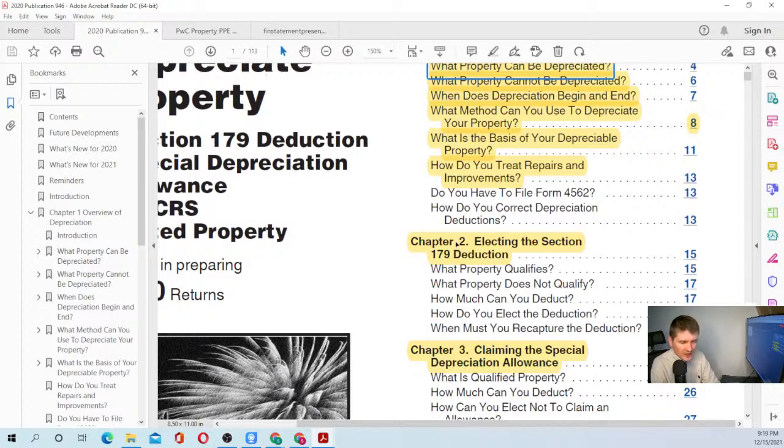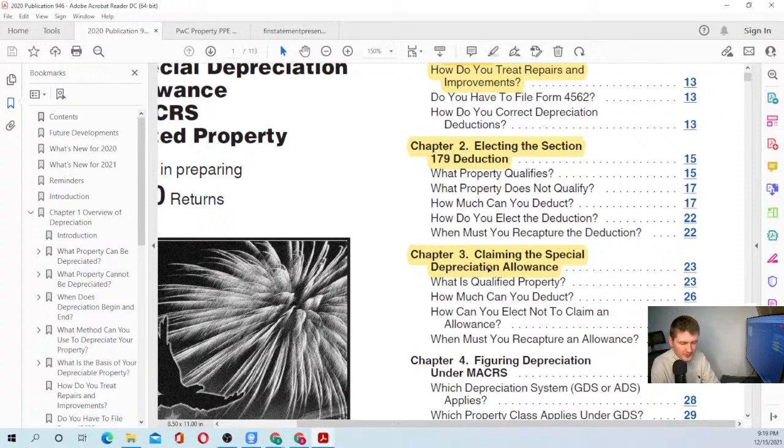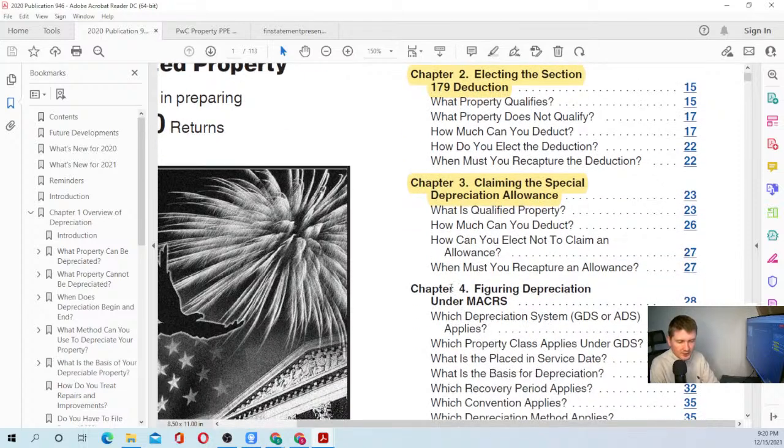One is the Section 179 deduction, and the other one is the special depreciation allowance, including bonus depreciation. In some of the next videos or lectures, we will also consider tax depreciation methods.